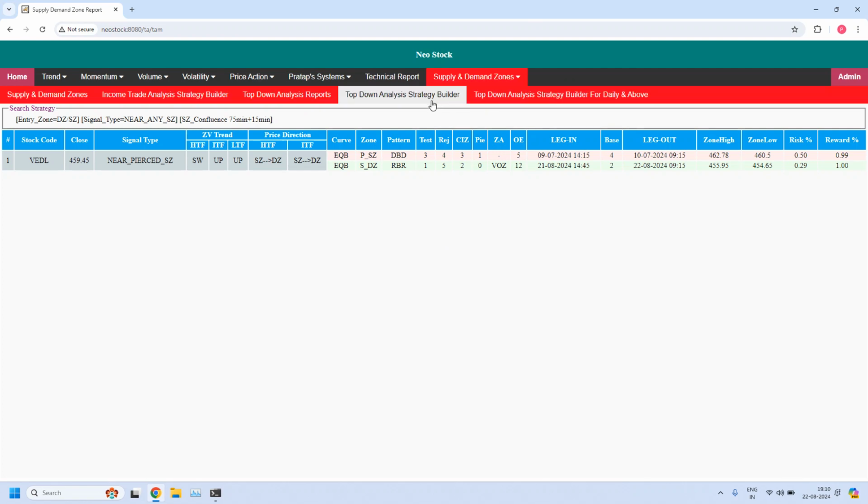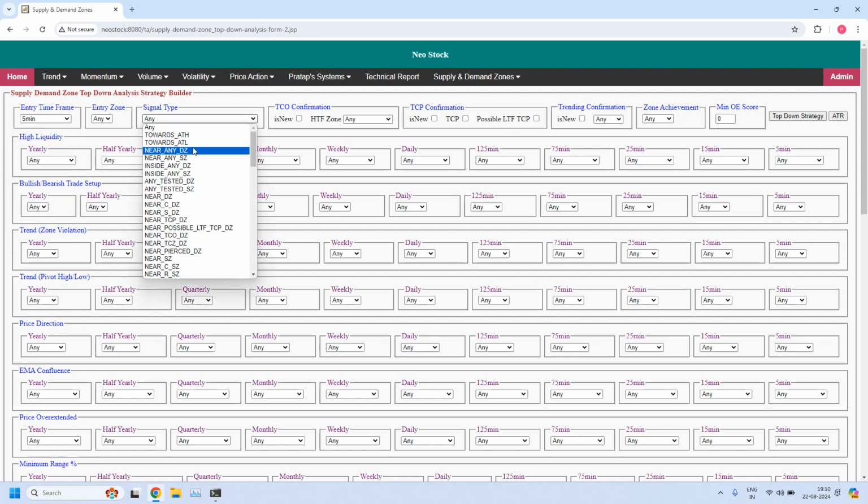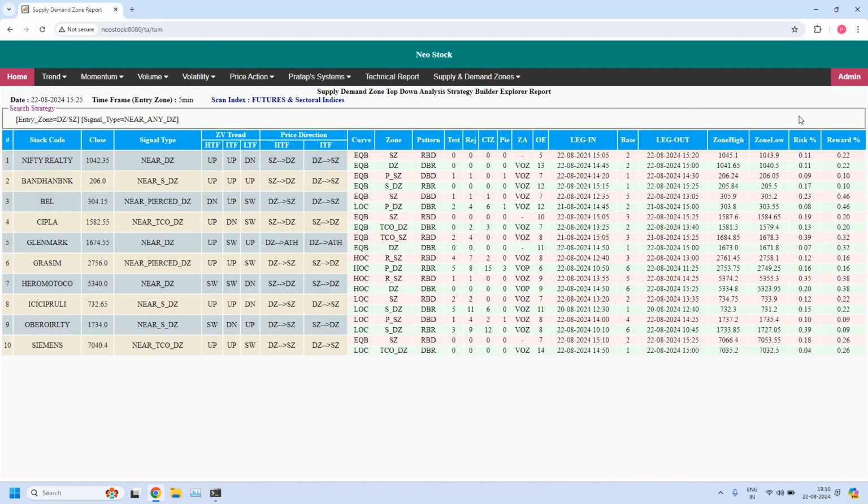The next time frame is 5 minutes. Let us find the stocks near the 5 minutes demand zone. 10 stocks are filtered near the 5 minutes demand zone. Now we will verify the demand zone confluence for these 10 stocks.